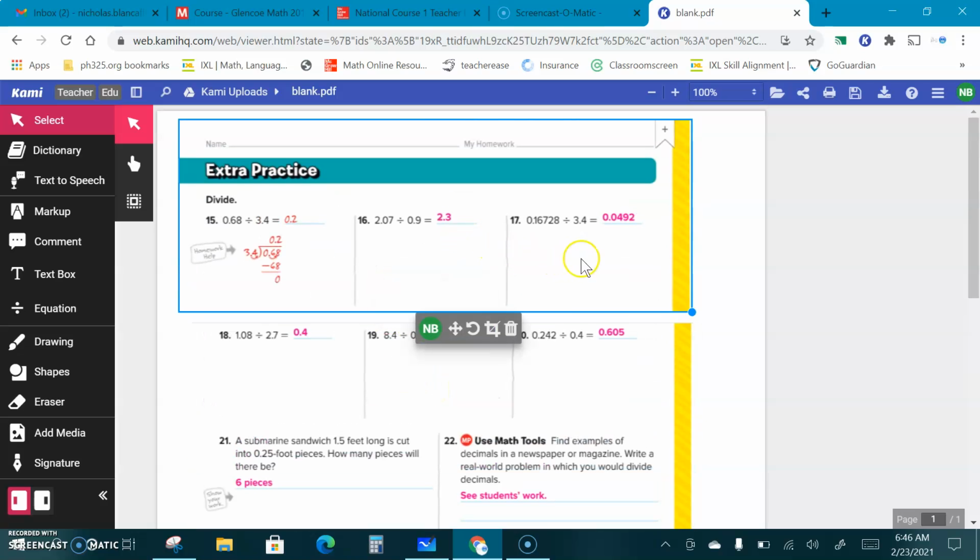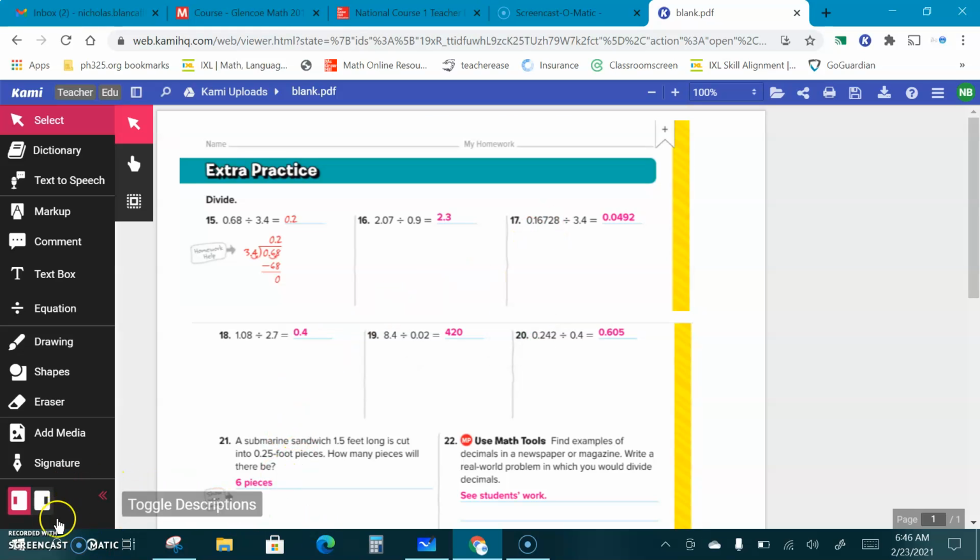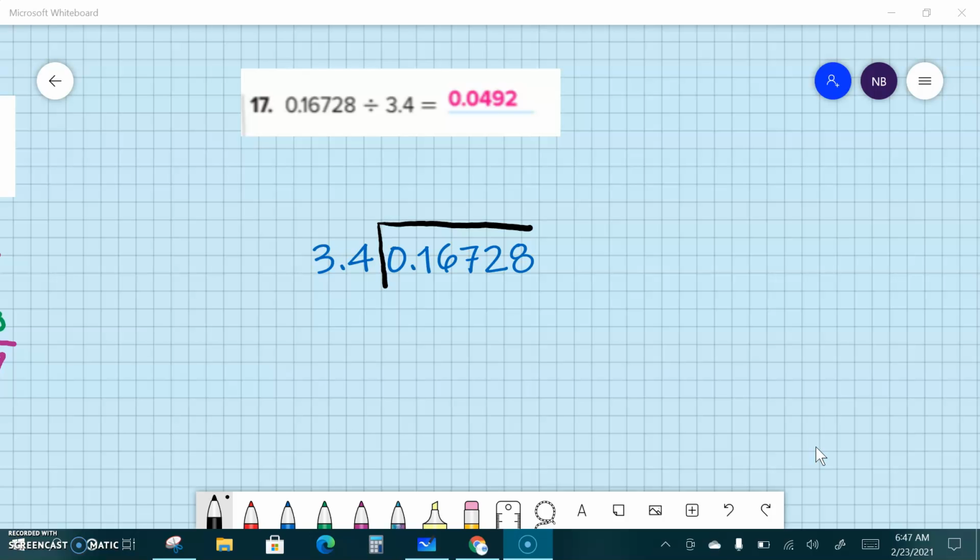Let's go over 17. All right, let's move our decimal over. So I now have 34 on the outside, and I'm going to divide it into 1.6728.